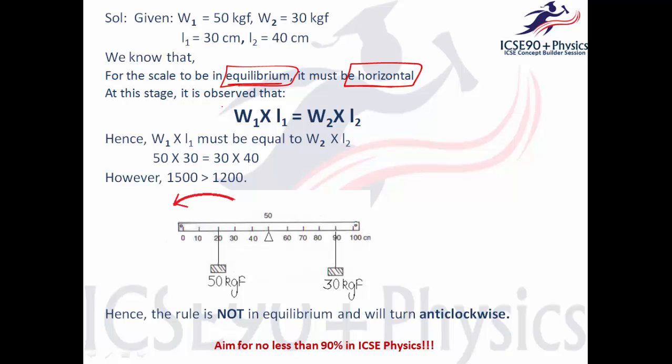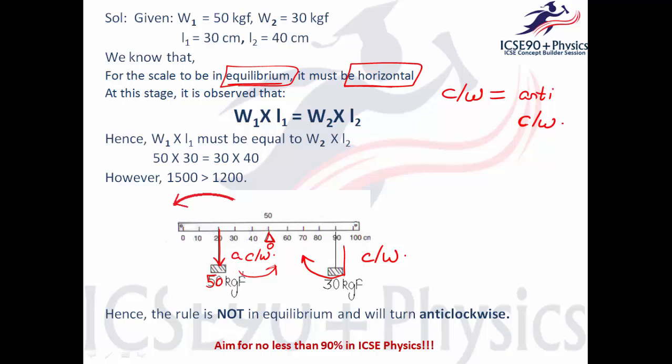It says that the clockwise moment about the fulcrum must be equal to the anti-clockwise moment about the fulcrum. Observe, this force of 50 kgf produces an anti-clockwise moment, as compared to this force of 30 kgf, which produces a clockwise moment with respect to the central pivot point O.